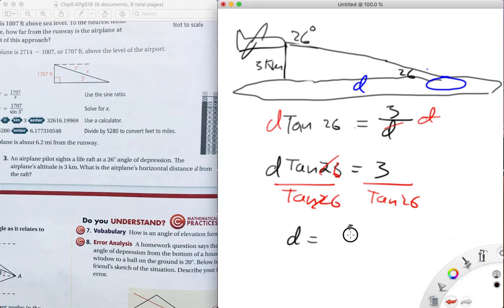D equals 3 over tangent of 26. So D equals about 6.15 kilometers.